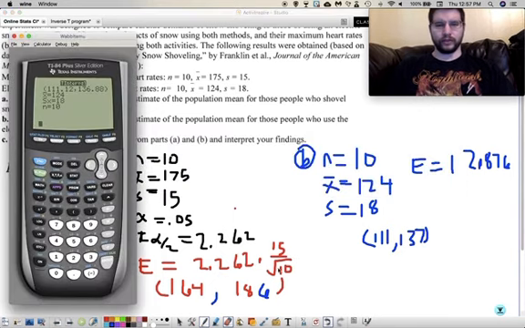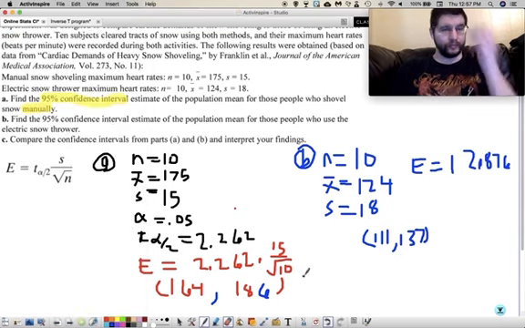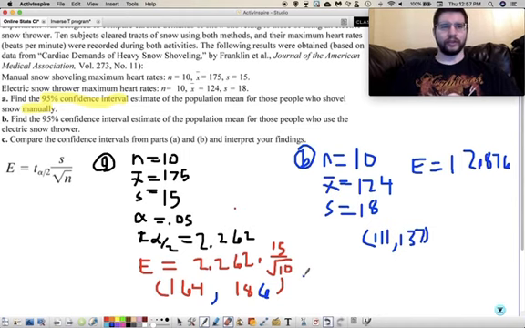So if we compare these two confidence intervals, we can see that using the electric blower is definitely a lot easier on your heart than the manual shoveling. So if you got heart problems, go get an electric shoveler or move to Louisiana where there is no such thing as snow.